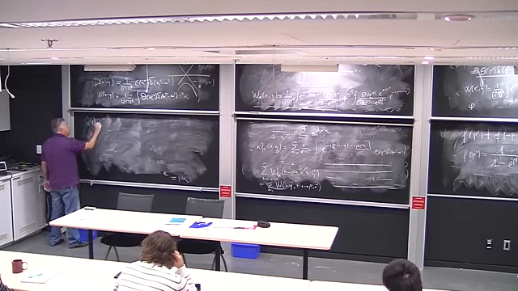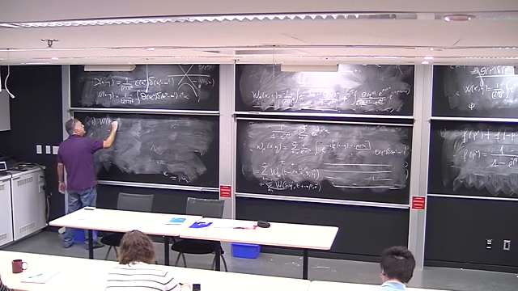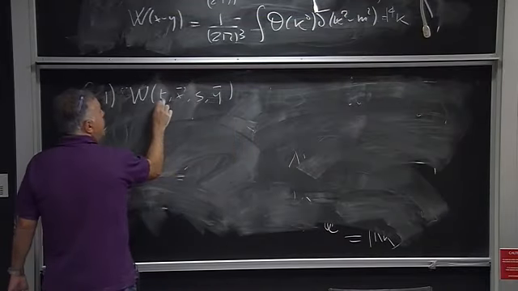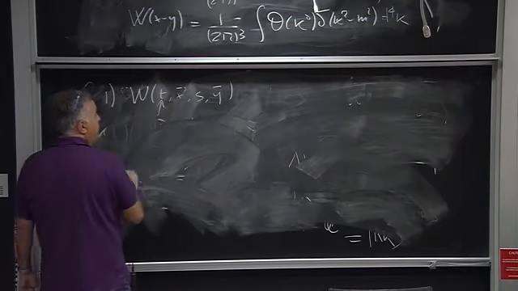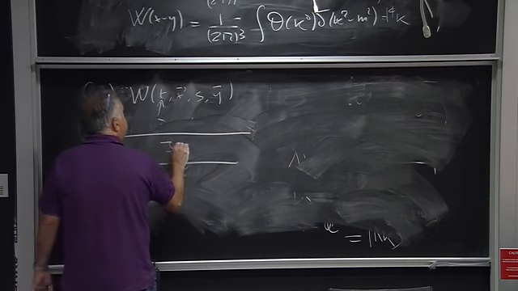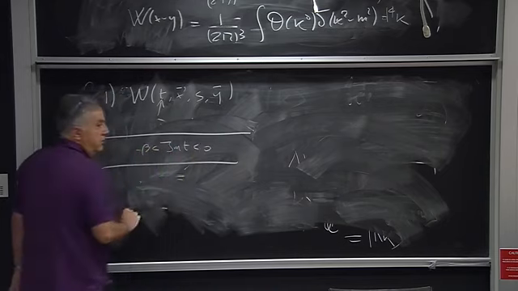The two-point function W of t, x, s, and y is analytic with respect to the complex t variable in a strip, such that the imaginary part of time is in between minus beta and 0.